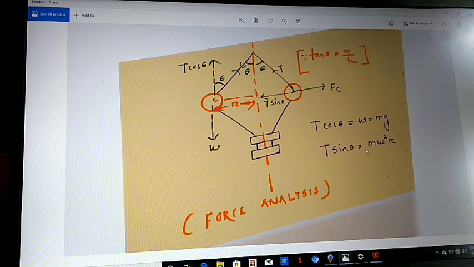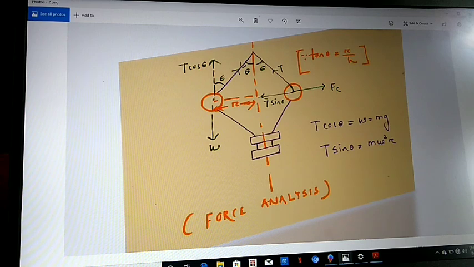So T sin theta is equal to Fc, and Fc is nothing but m omega square r. So this is all about the force analysis of the Watt governor, and we are finding the height of the governor by the resolution of the forces.